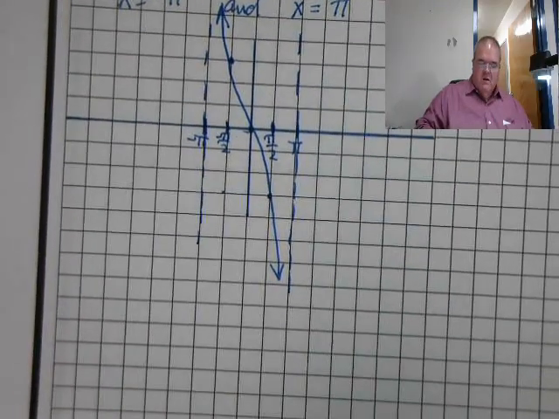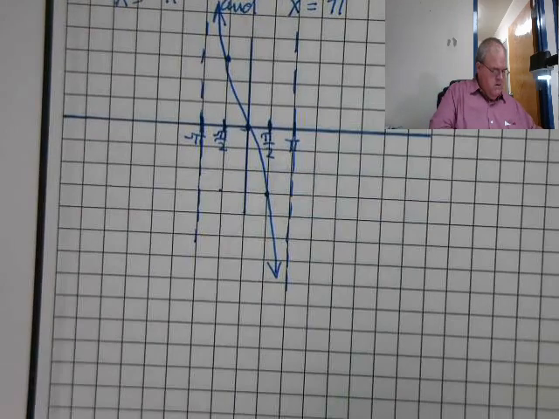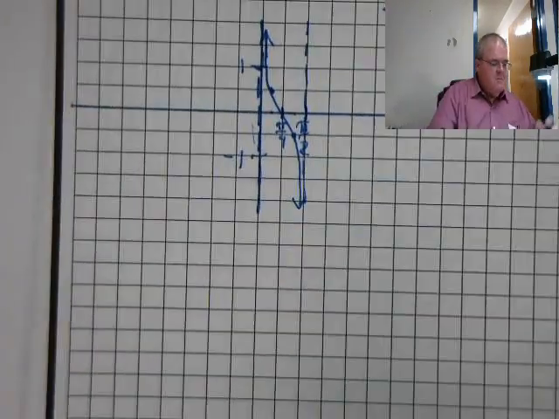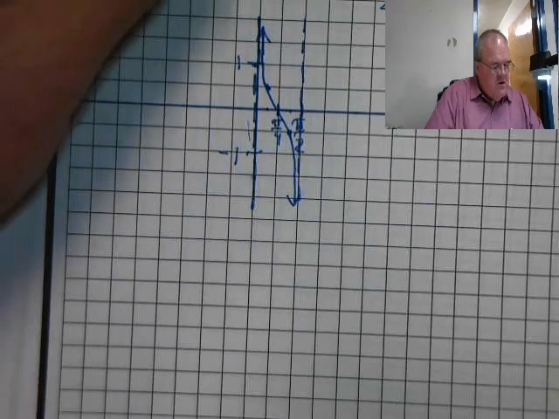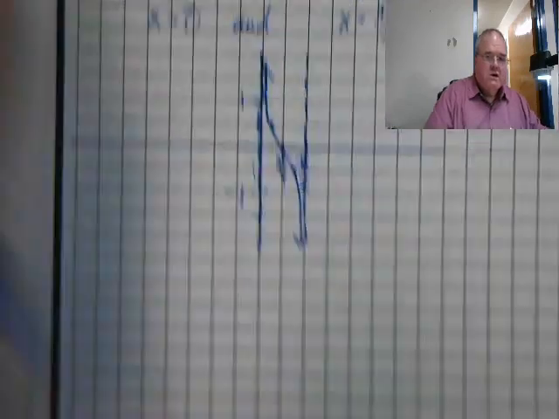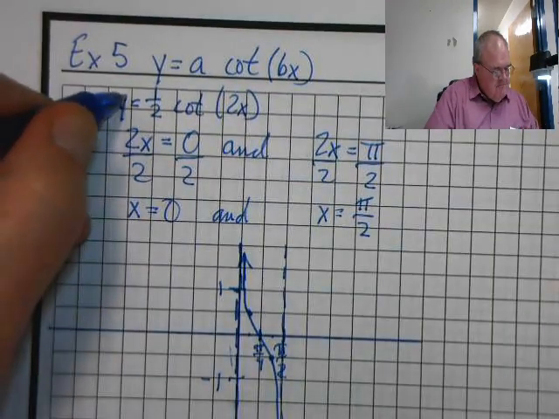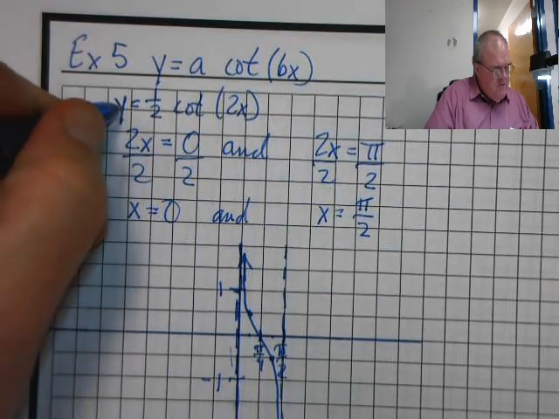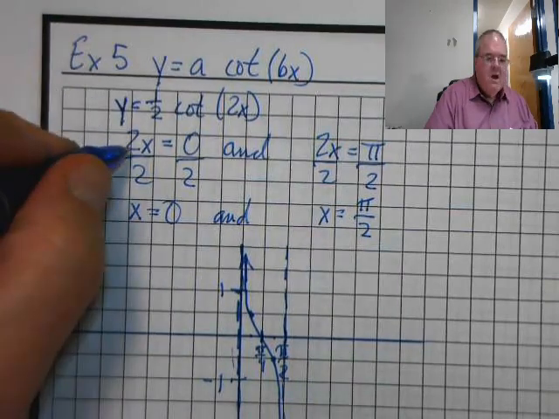And then we looked at the last problem that we did, which was example 5. And we looked at y equals a cotangent of bx. That was our general equation. And our specific equation was y equals 1/2 cotangent of 2x.